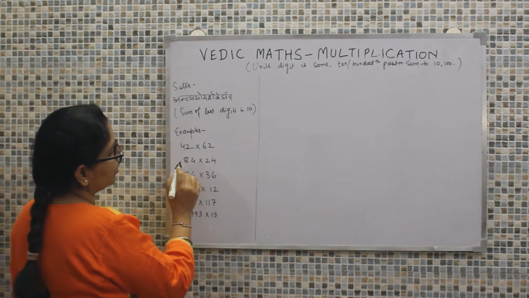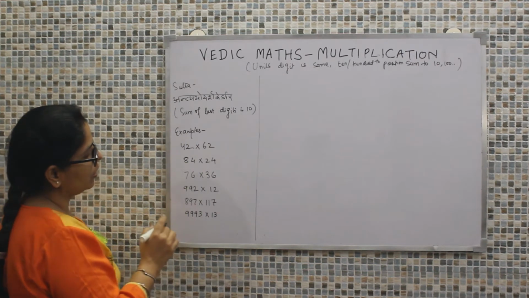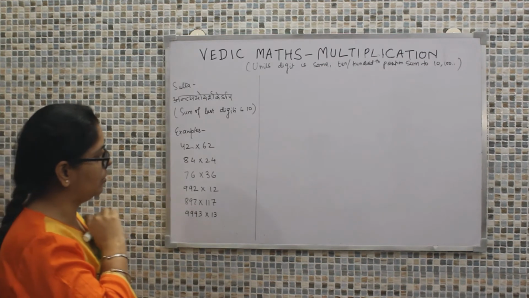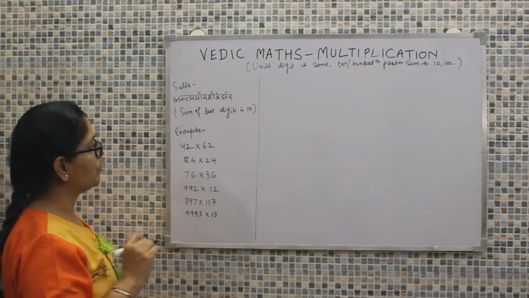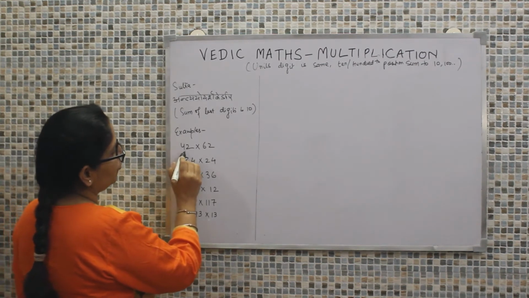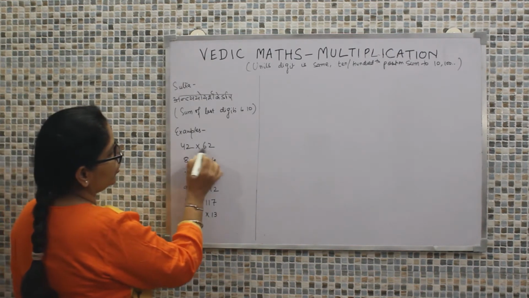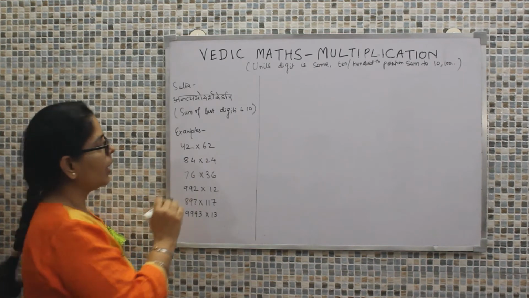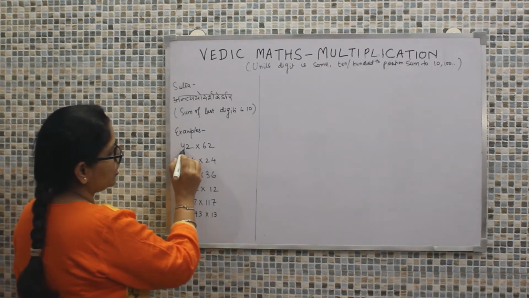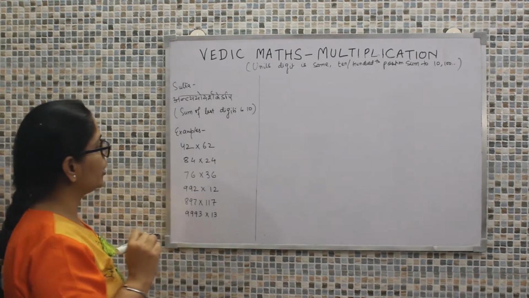Look at the pattern of the examples so that we can understand how to apply this concept. First we have 42 into 62. The units place is the same, and in the tens place 4 plus 6 sums up to 10.